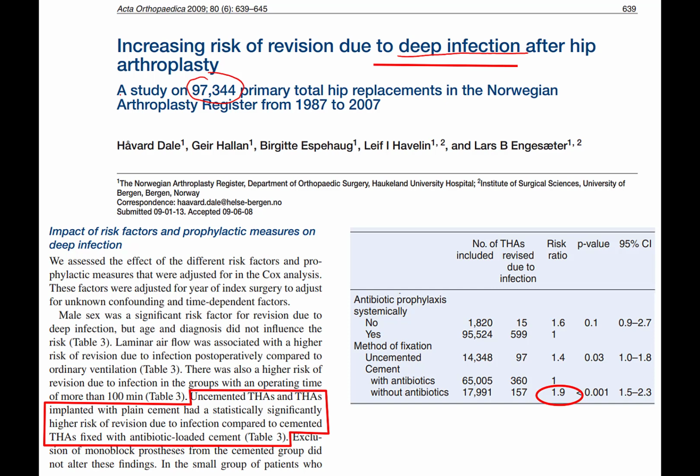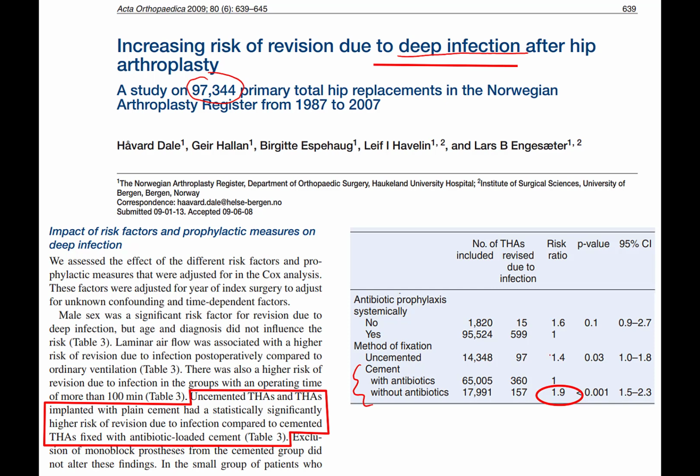So they concluded that the uncemented arthroplasties and then the ones with plain cement without antibiotic had a statistically significantly higher risk of revision due to infection. So the infection leads to implant loosening, and then the implant has to be taken out and they have to redo the surgery. So without antibiotics, if we just look at this comparison with the cements here, the risk ratio was 1.9.